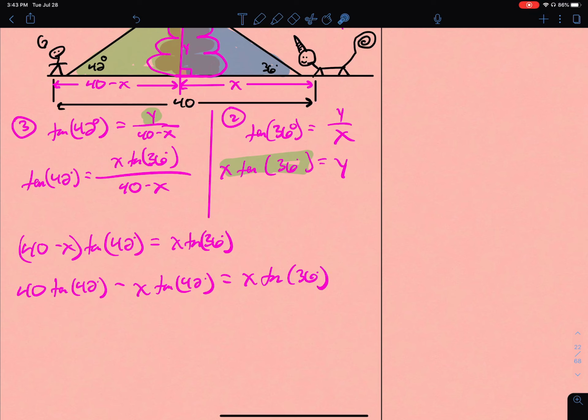Then I want to get like terms on the same side of the equation. This term and this term both have x's in it. So I'm going to move this over to the right. This looks complicated. It's always going to look complicated because there's so many variables. We have trig functions in this, but conceptually, all we're doing is simple algebra.